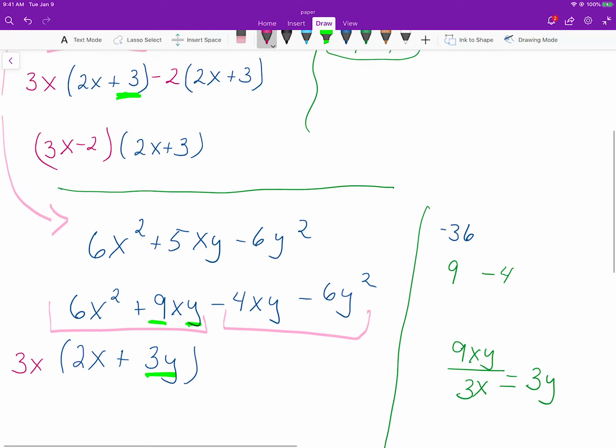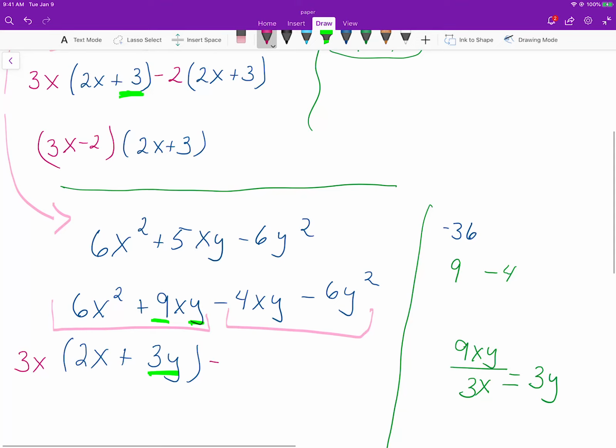Now for the second part. We're looking for the greatest common factor over here, and we're going to have a 2, just like we had in the problem above it. But now we have a y in both of these terms, so we also have a greatest common factor of a y.